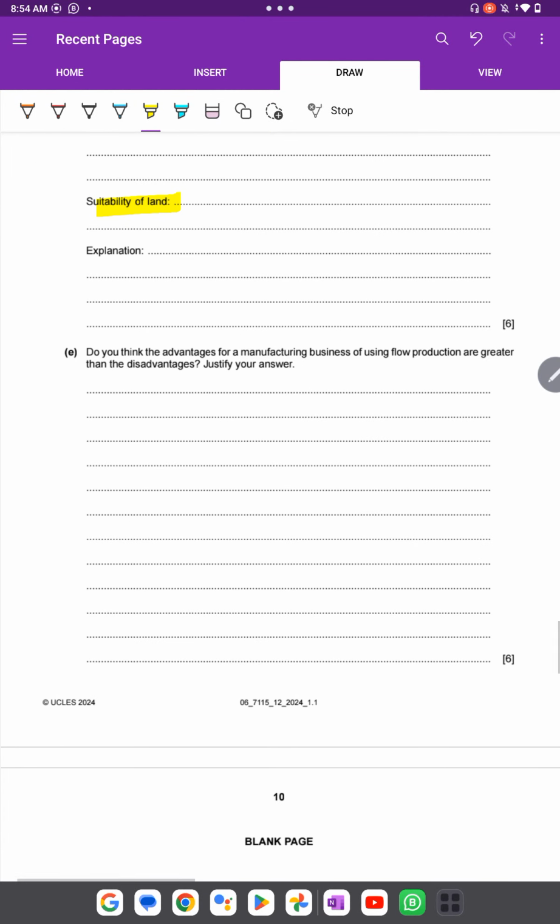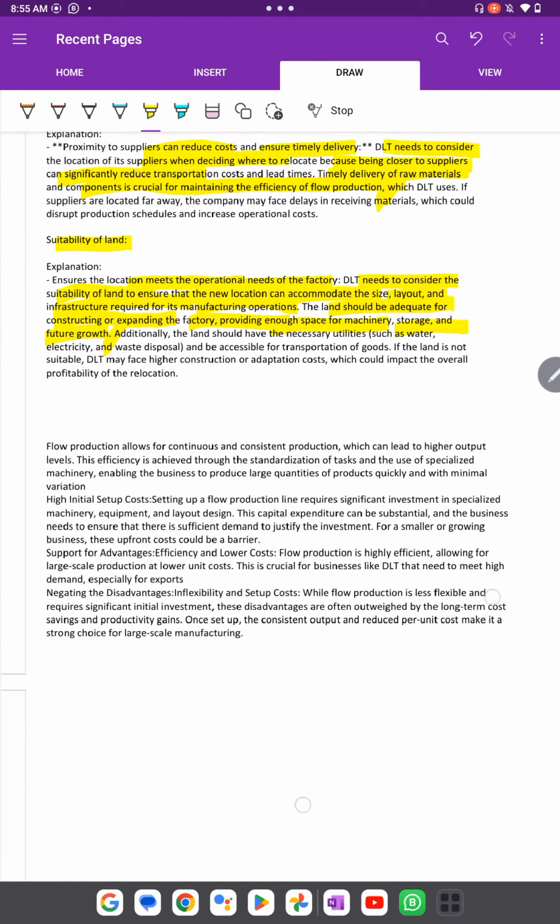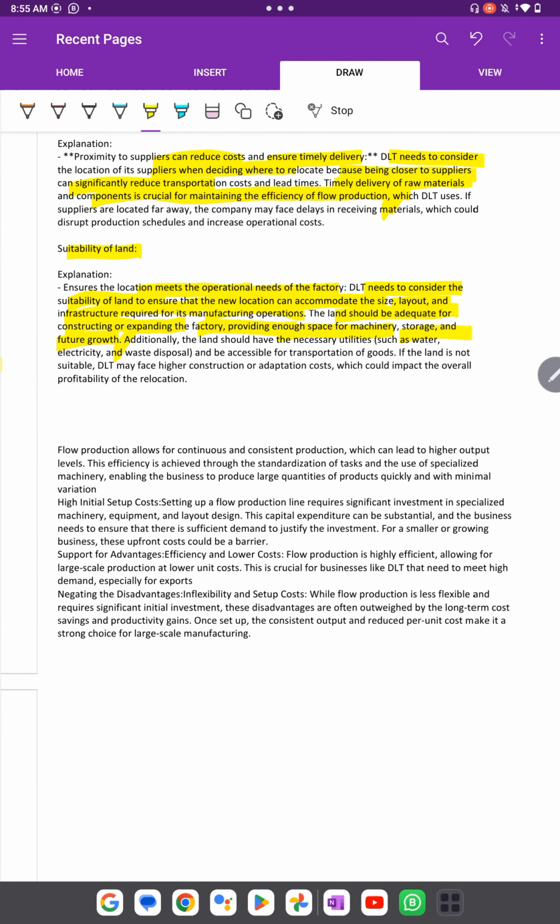Next one. Do you think the advantages for a manufacturing business of using flow production are greater than the disadvantages? Justify your answer. Flow production allows for continuous, consistent production which can lead to higher output levels. This efficiency is achieved through the standardization of tasks and use of specialized machinery, enabling a business to produce large quantities of products quickly with minimal variation.